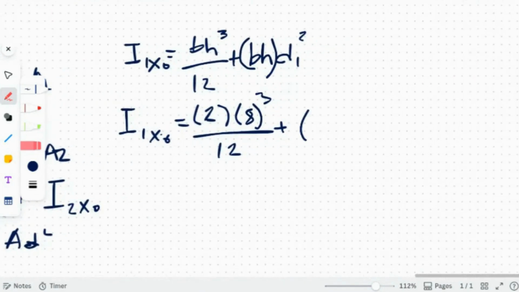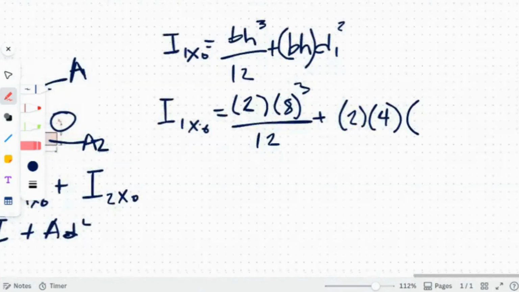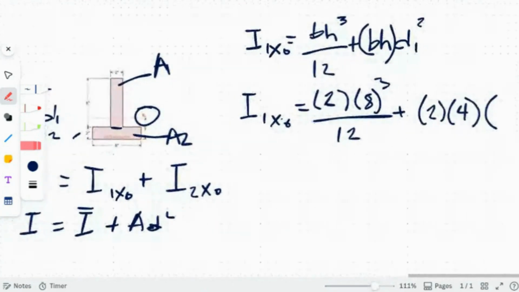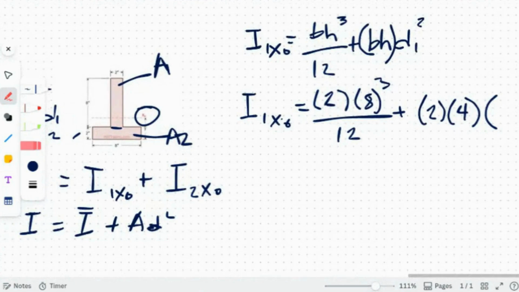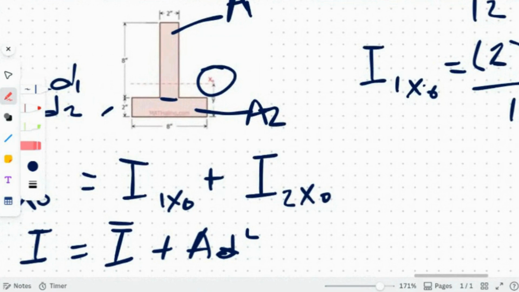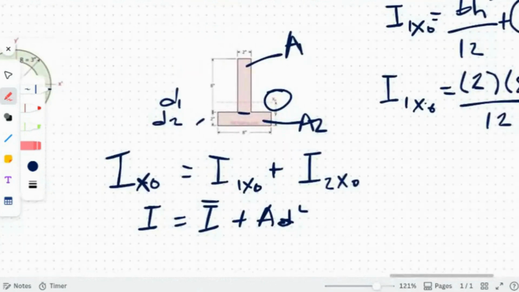So 2 times 4, now D1. So D1 is actually, it has a bit of a formula here because you could see there's Y bar. Okay, so how high is Y bar?